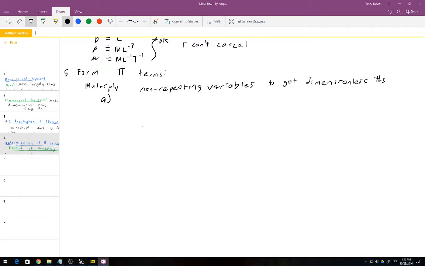And so A and B here, a few rules. A, repeating variables can be raised to any power, positive or negative. Well, positive or negative whole number, any integer basically.